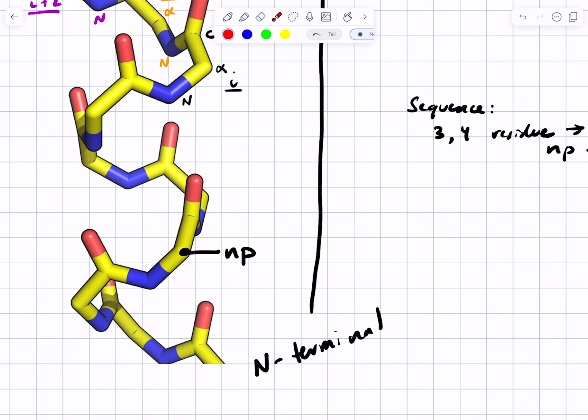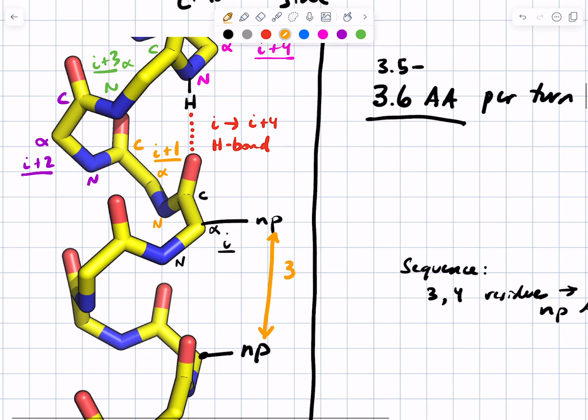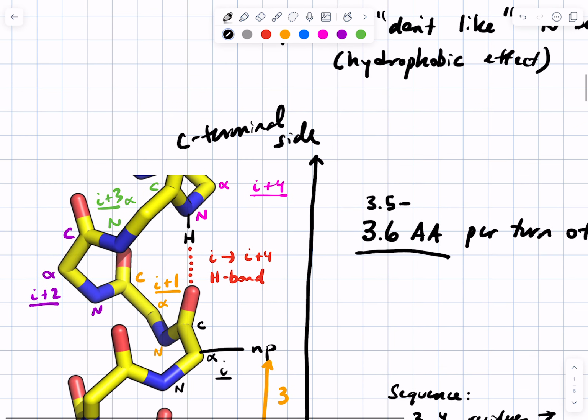Actually, I want to start with this one. Okay, let's say this one's the nonpolar amino acid. We'll count from there, 1, 2, and then 3. So according to our pattern, there would be a nonpolar amino acid here, and the space between those two would be 3 residues. Then we'll count up again from here, 1, 2, 3, 4. Here would be the other nonpolar amino acid, and the space between those two would be 4.